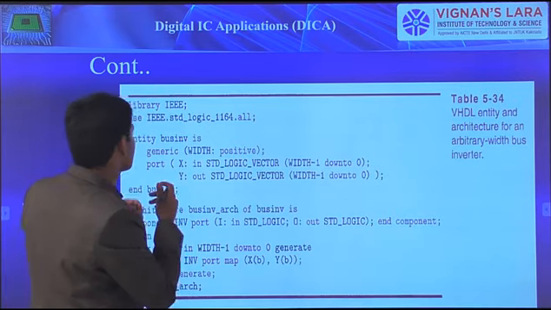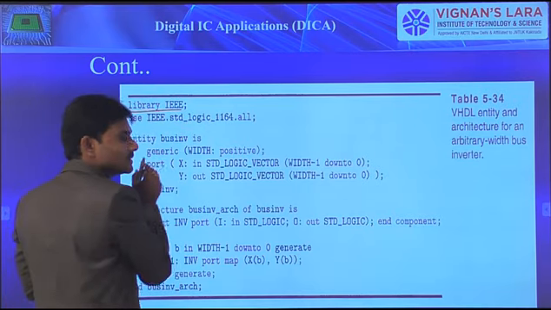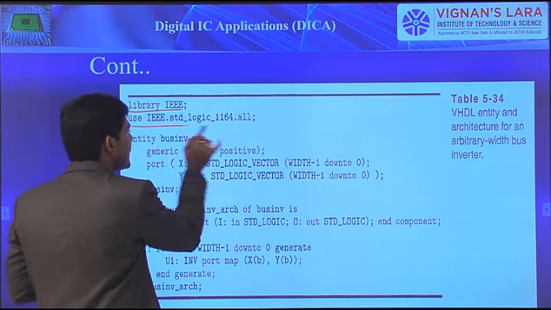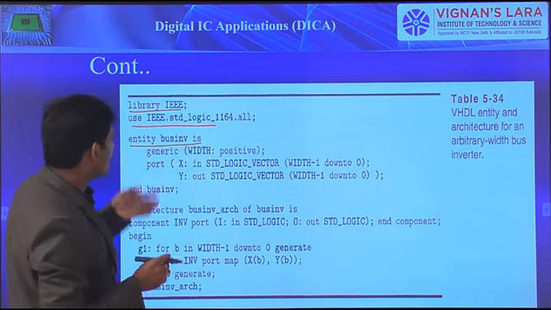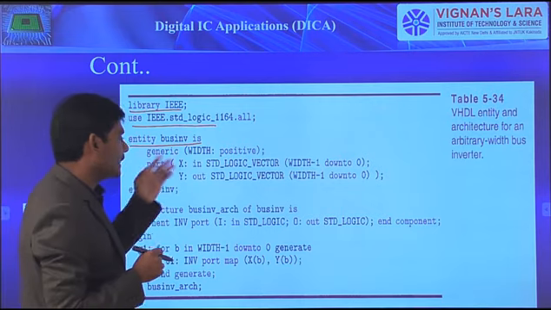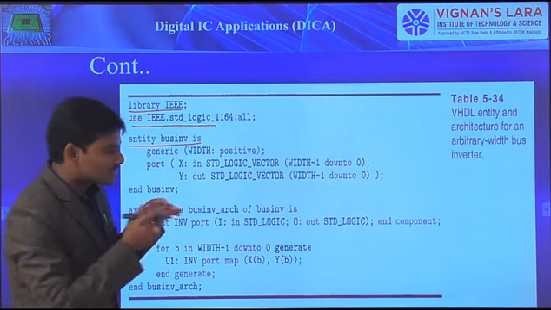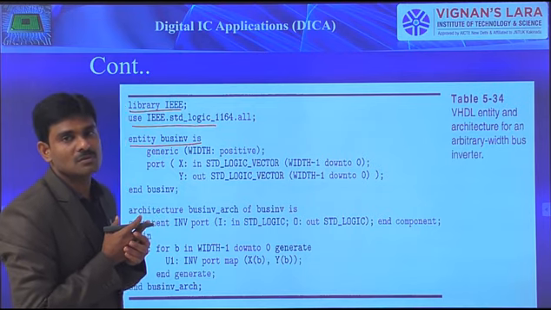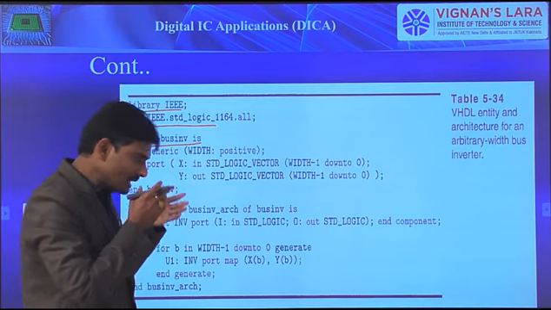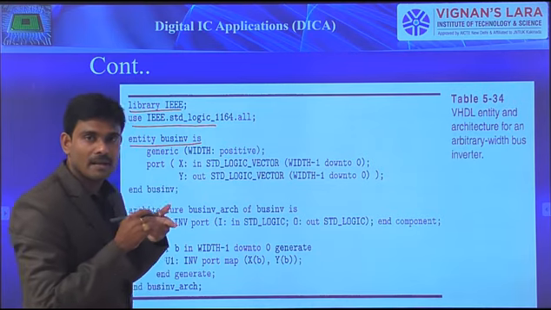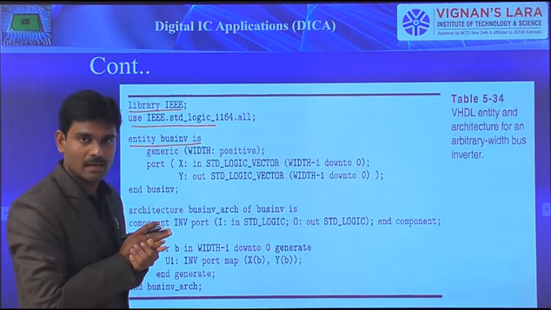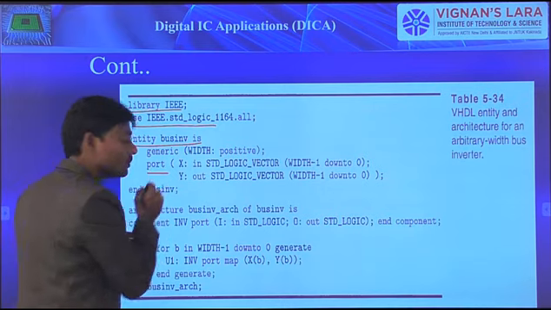If you look at that program, it starts with the library IEEE, then the package we are supposed to declare, and after that the entity part. Here I mentioned bus inverter as the entity name. Then, as described previously, here I use the generic constant. The generic constants must be declared within the entity declaration part, that too before the port declaration.